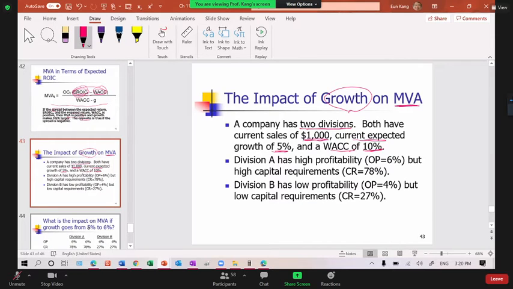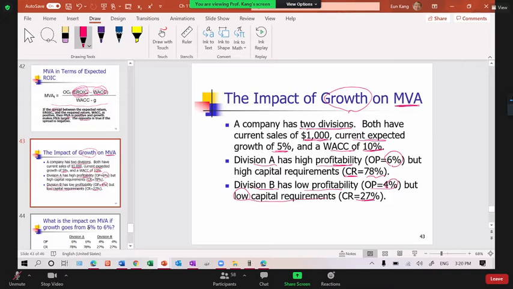This is the same, but division A has high profitability, operating profitability 6%, but high capital requirement 78%. Division B has low profitability, only 4%, but low capital requirement, 27%.